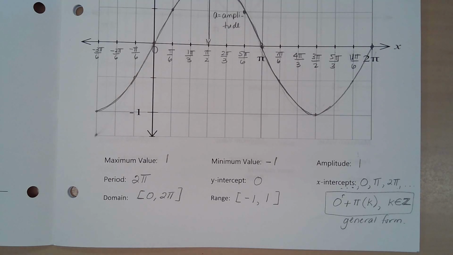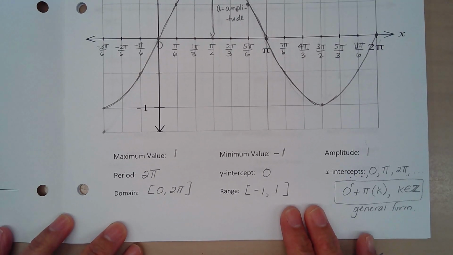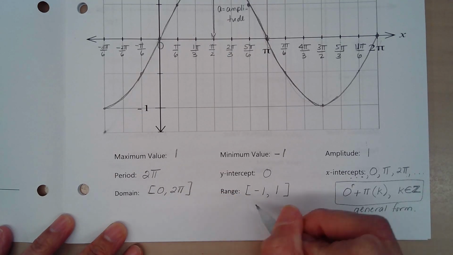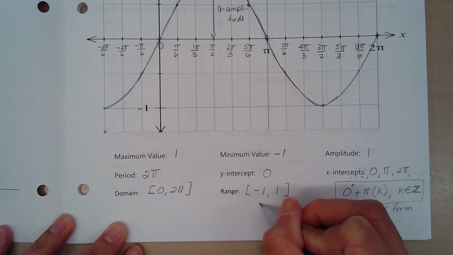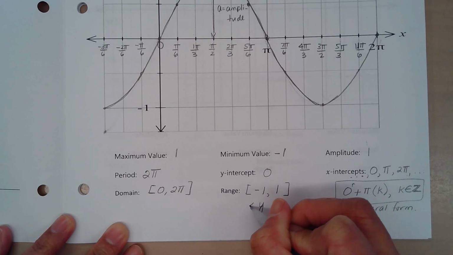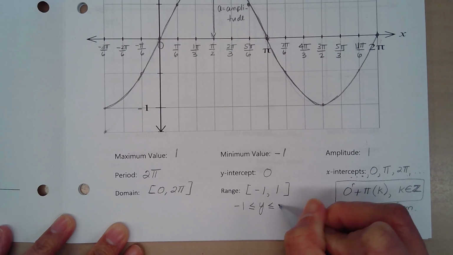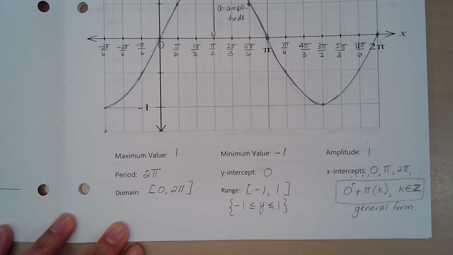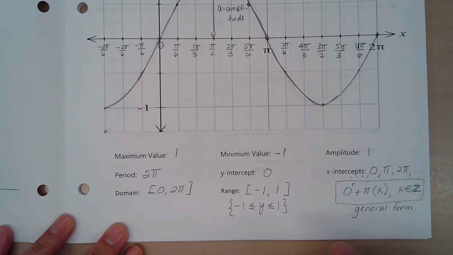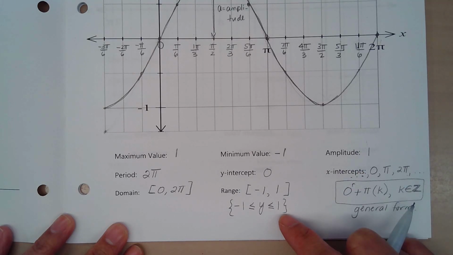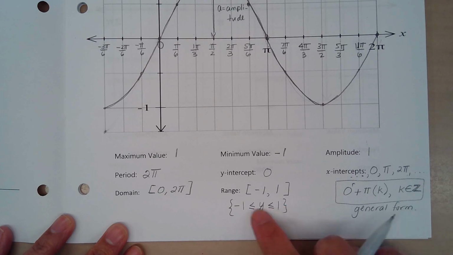What would the set notation look like? y is going to be greater than or equal to negative 1, but less than or equal to 1. So if you read some textbooks, it could be written this way. And if you read another textbook or watch another YouTube video, then you might see this.